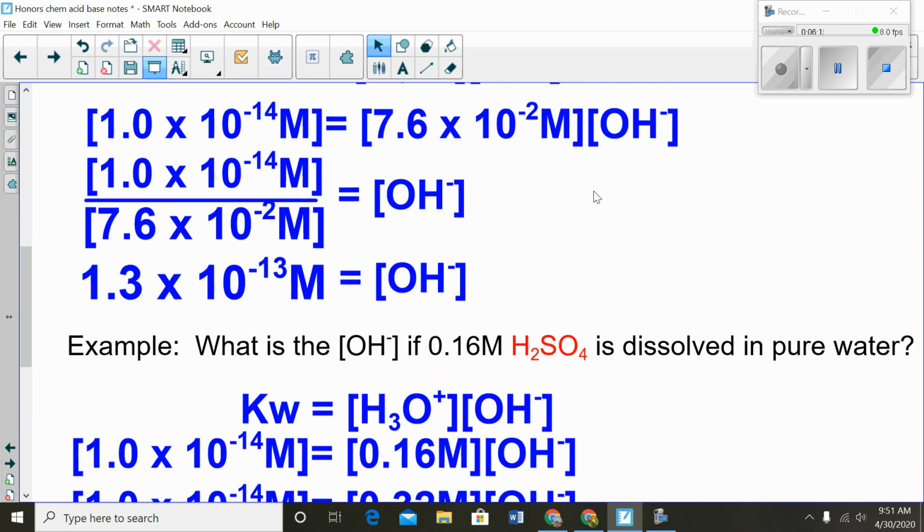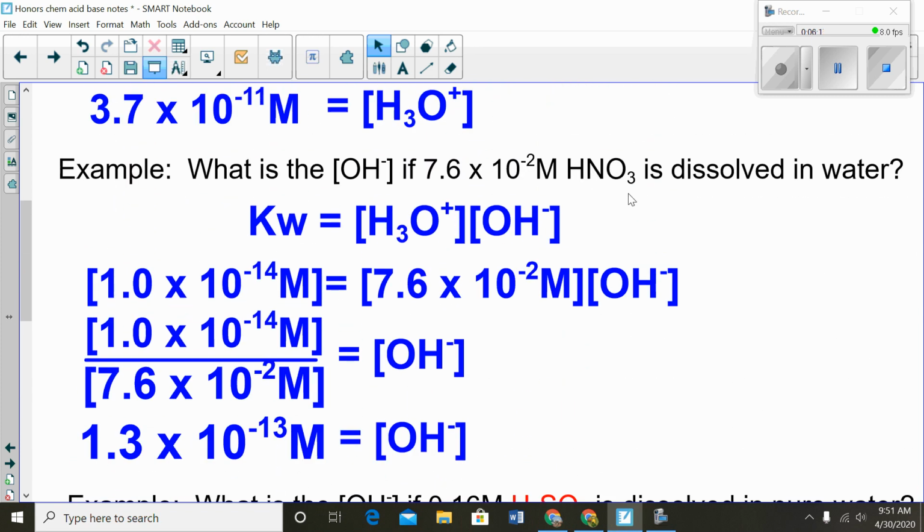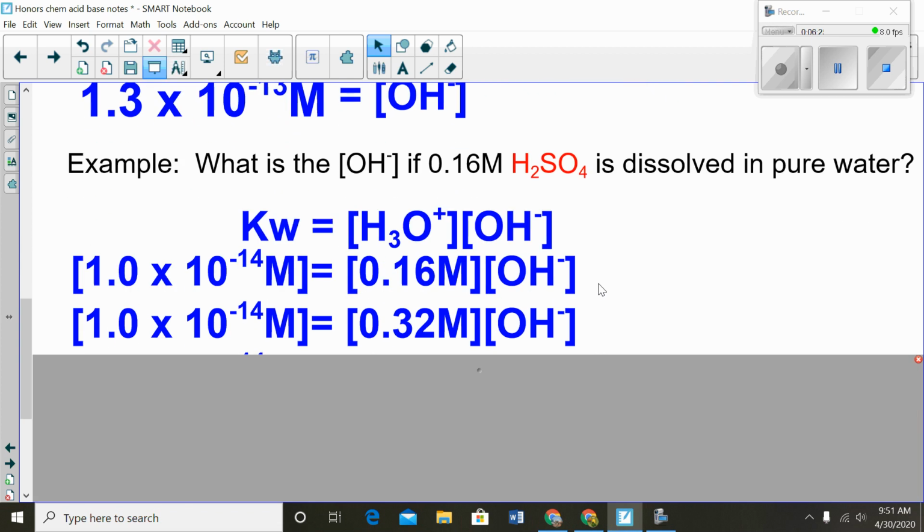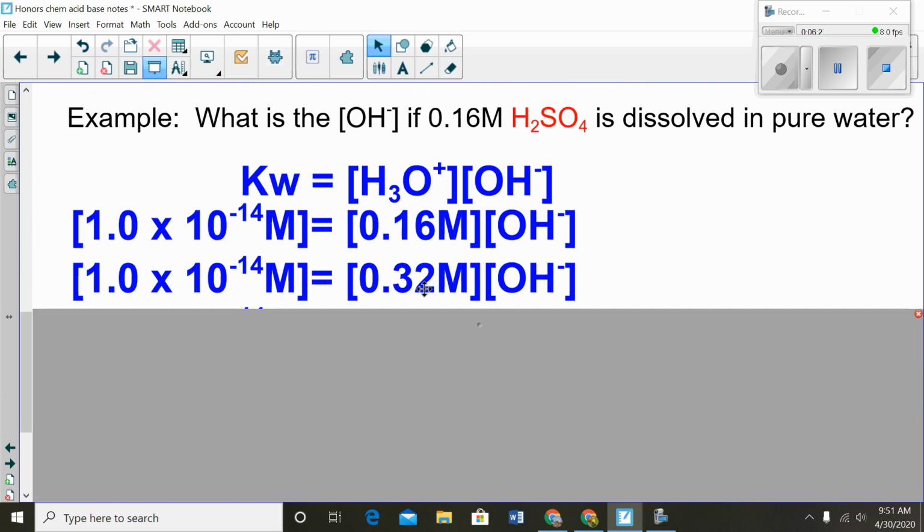So if you look back in my example here, this is HNO3. This is a monoprotic acid. So I did not need to double the concentration. But if you have a diprotic acid, you need to multiply this by 2. If you have a triprotic acid, you would need to multiply by 3. So that's just a little detail to pay attention to, and I wanted to make sure you were aware of it.